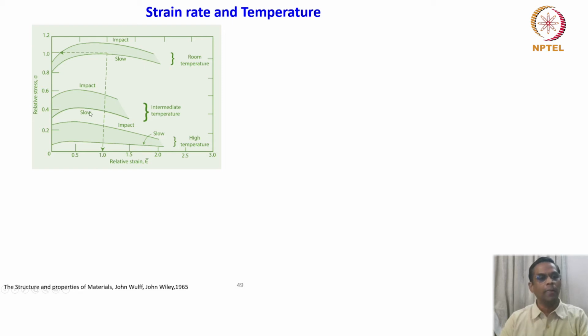You can see there, it is much higher at high temperature. So the difference between slow and impact loading at high temperature is the highest. Okay, so this is how we should compare it.